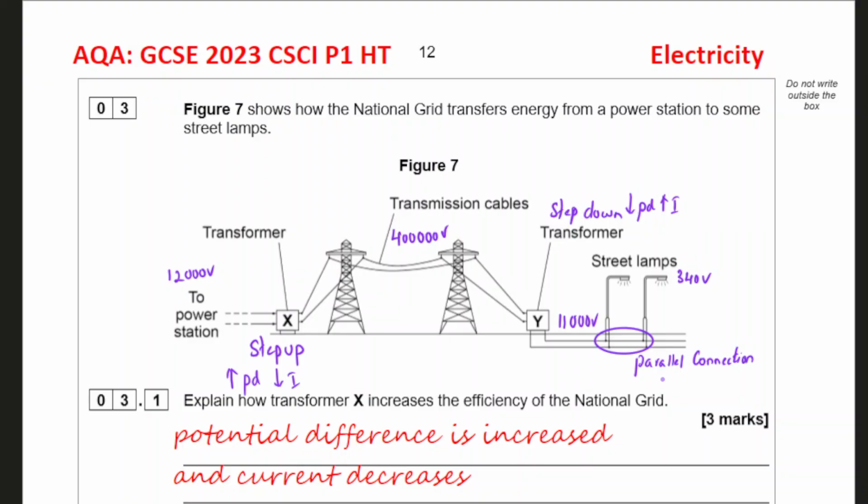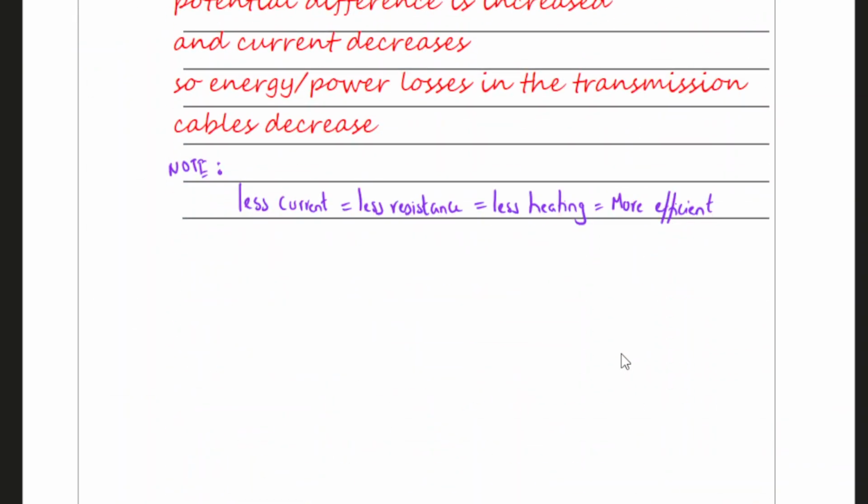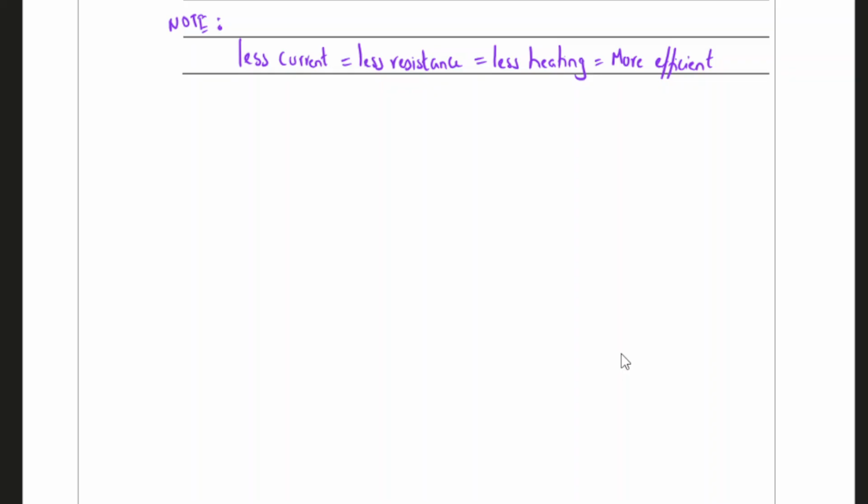Now let me explain this. What happens to the voltage when you connect it in parallel? Now remember, if you have light bulbs connected in series to a simple cell, right? If this is 6 volts, the voltage is shared, 3 volts and 3 volts.